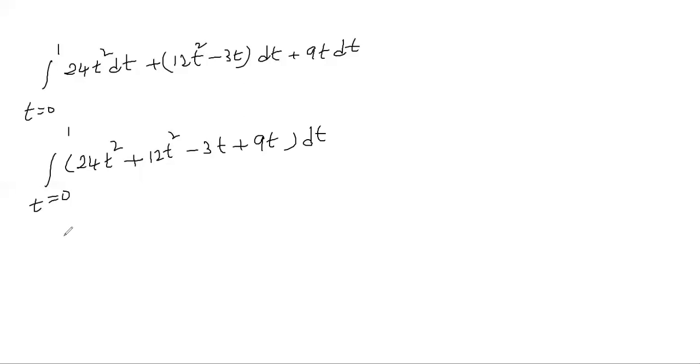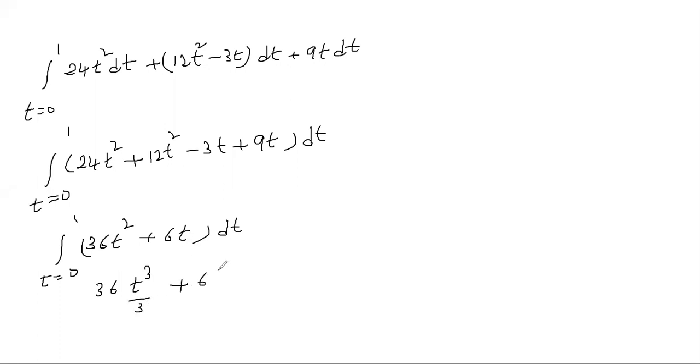So now the integral t equal to 0 to 1: 24t square, minus 3t plus 9t gives 6t, into dt. Now its integration value: 24t square integrates to t cube by 3, 6 into t integrates to t square by 2. The limits are t equal to 0 to 1.